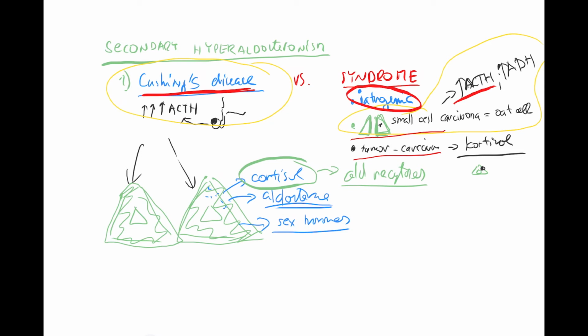Okay? So this was Cushing's disease, which you can mention under secondary hyperaldosteronism, please. And it's because the main problem is here, but you also release increased levels of aldosterone. So they will have hypertension as well. Typically people with Cushing's disease have hypertension.